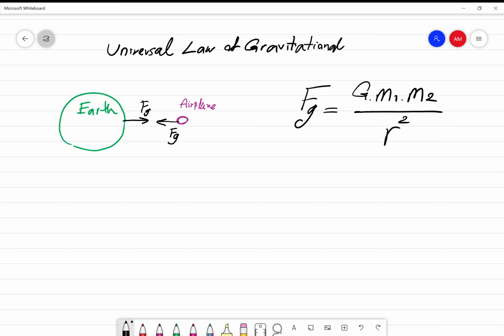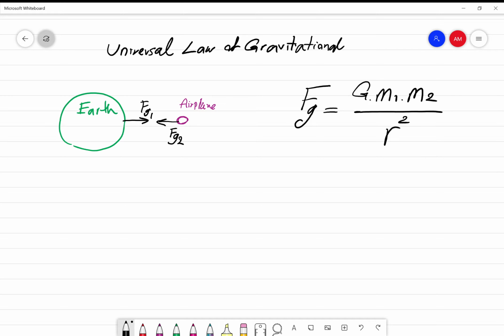But for the purpose of our example, I'm just going to name them differently. But we know that Fg1 and Fg2 are equal because they're attracting towards each other with the same force. Okay, so airplane is attracting Earth, and Earth is attracting airplane at the same time with the same force. Any questions so far?